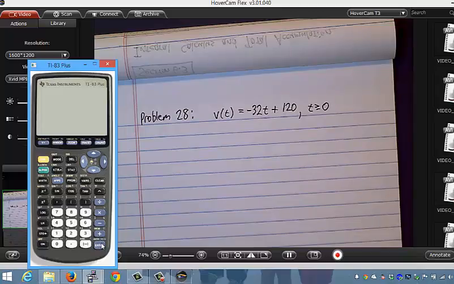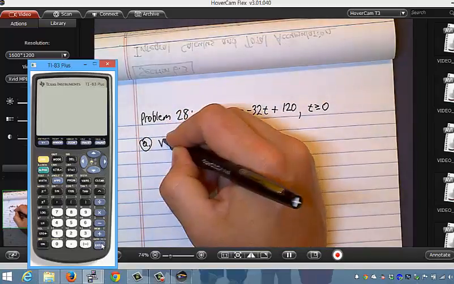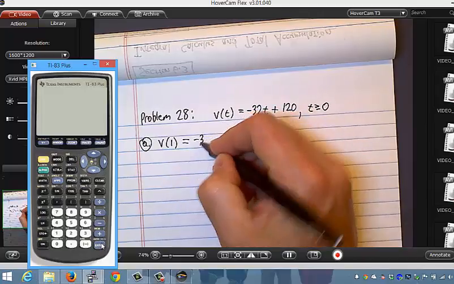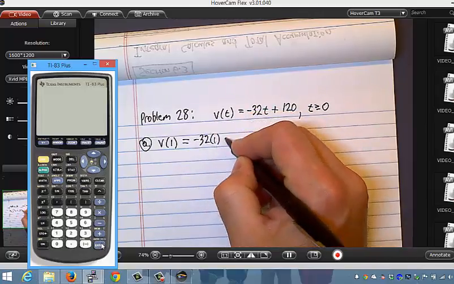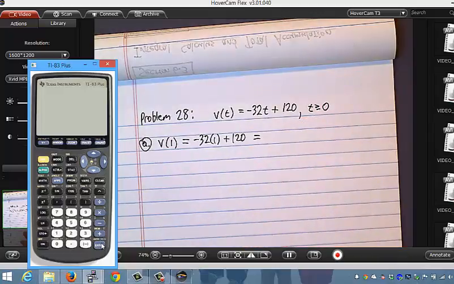Part A says just evaluate v of 1 and interpret. So I'm going to go ahead and do that, although I'd like you guys to help me interpret it. So let's see, 120 minus 32, I'm getting 88.